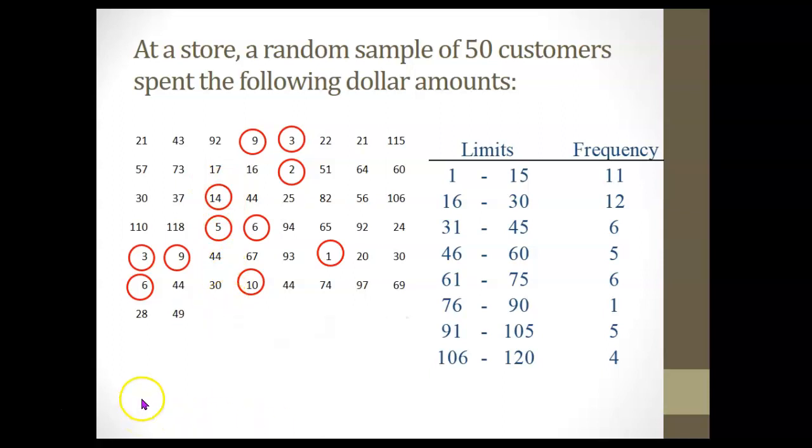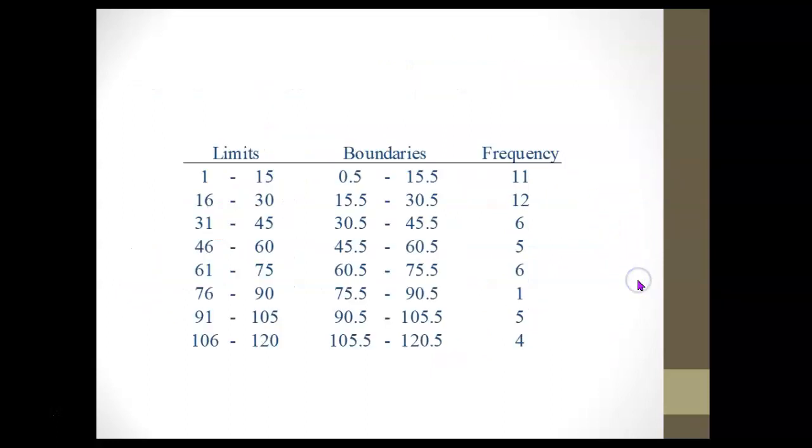Now, there are some other things that we could also show that might also be desirable to have as part of our frequency distribution. We could show the boundaries. Remember, I mentioned that those numbers, those dollar amounts, had been rounded to the nearest whole dollar. The boundaries refer to what range of numbers that would have been before rounding.